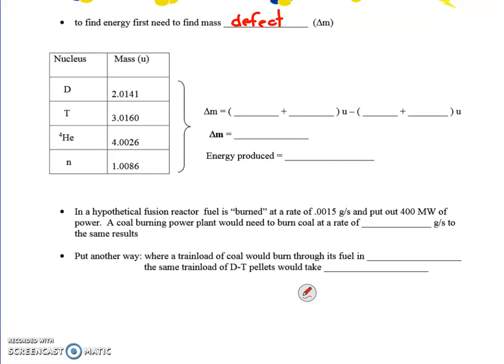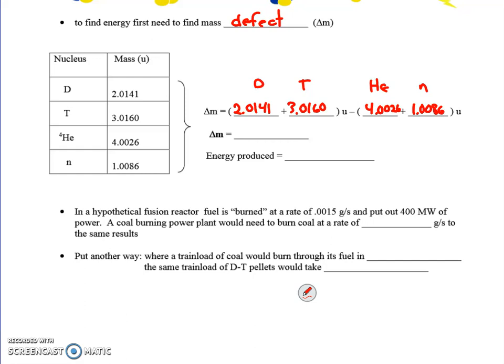So again, our reaction is deuterium plus tritium gives us He plus a neutron. So deuterium 2.0141, tritium 3.0160. All right, all those are in atomic mass units. Minus 4.0026 plus 1.0086.